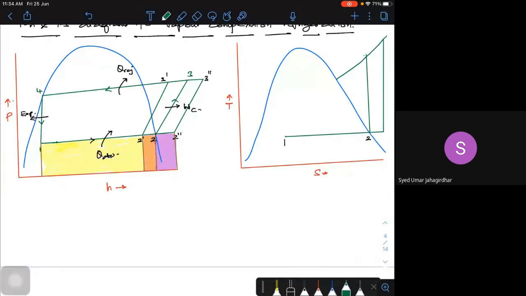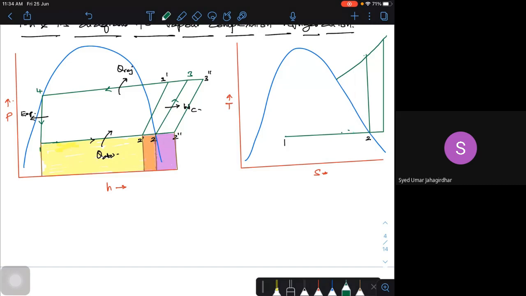If it is a wet condition, I may be reaching a dry point or some other point. So this is the dry condition. This is how it is. So I'll be reaching each and every point, if I'm reaching from wet condition to superheated condition, this is how it is.